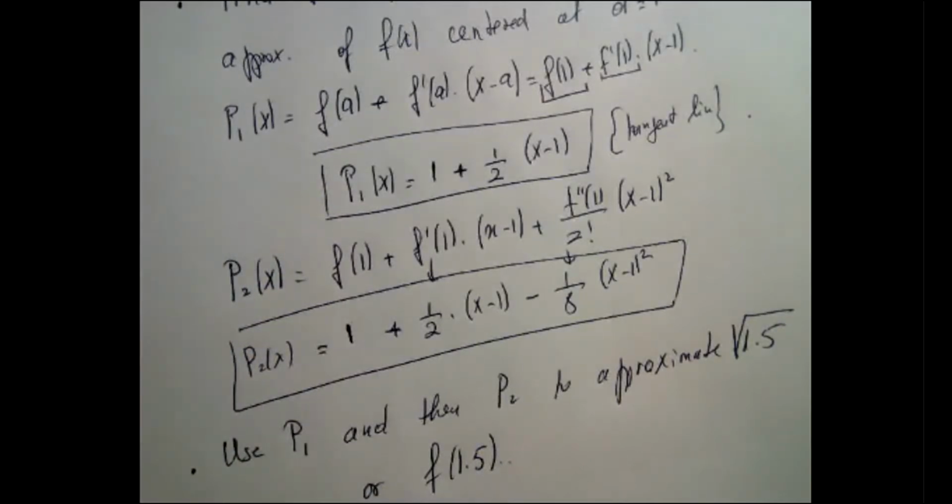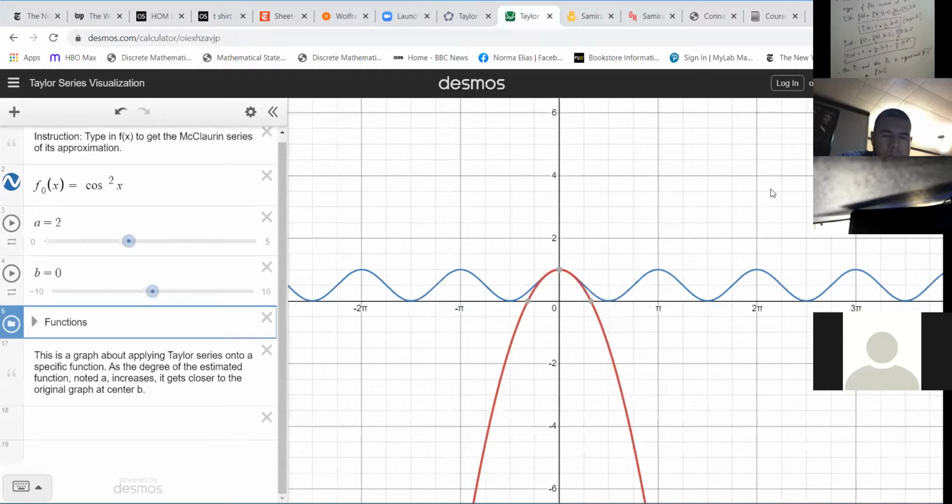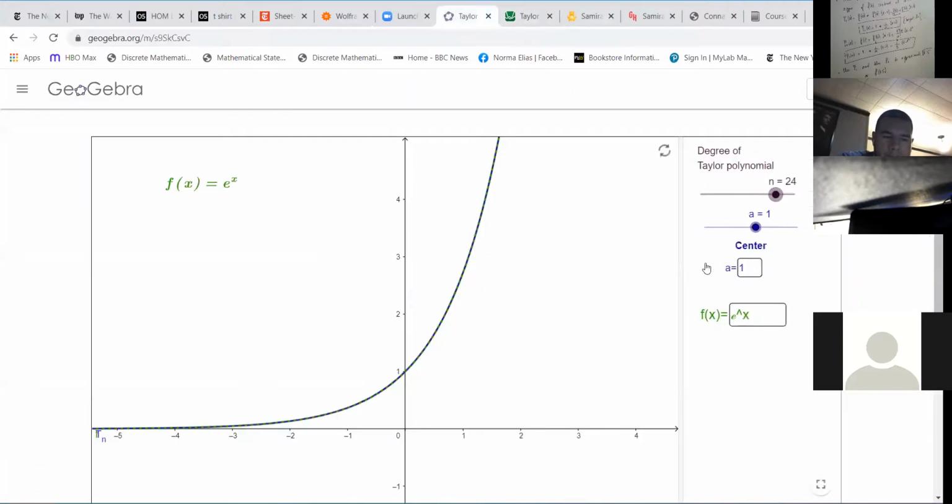So share screen. Okay. All right. So this is the function. I'm going to input the function here, which is the square root of x.